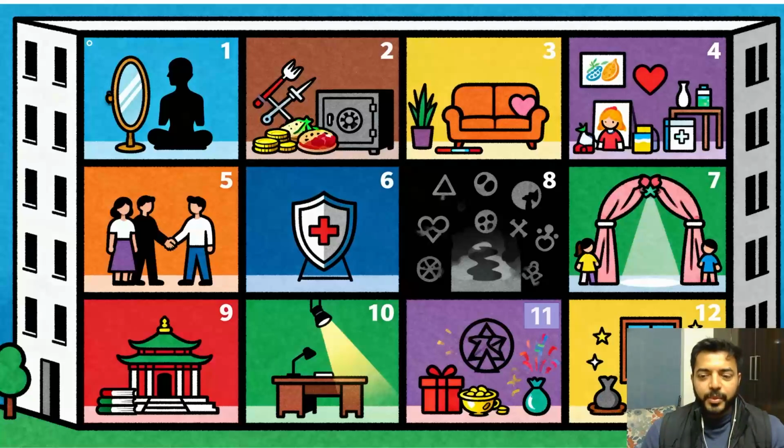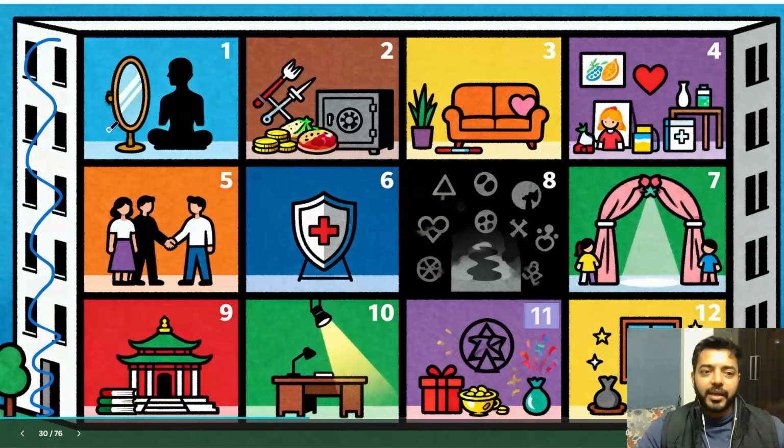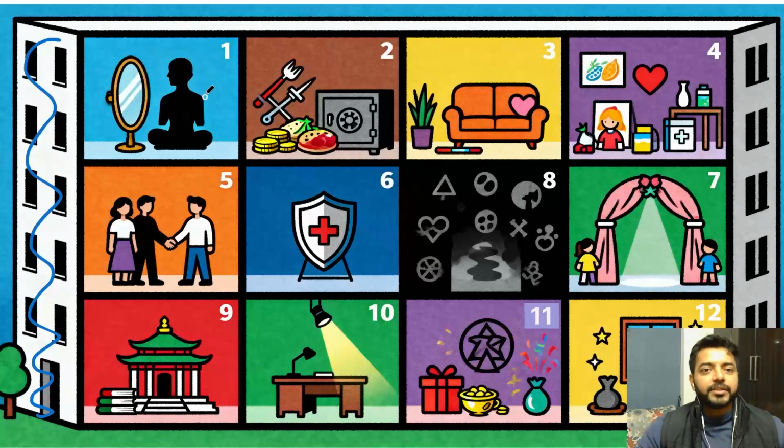My life has been divided into 12 different functions, 12 different areas, and those 12 different areas are depicted on a chart. This is not in the same order, but I've just created 12 different houses as 12 different rooms in a building. Let's say this building is me. This is my life, and I have 12 different rooms in my house. Each room depicts a different area of life.